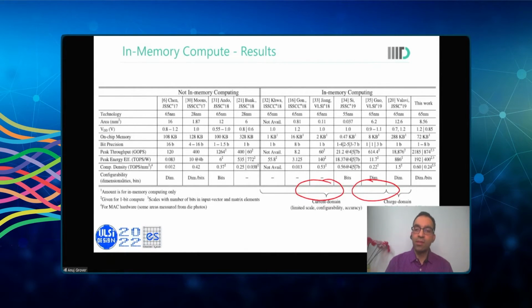And there are comparisons across different domains where we also bring in what kind of configurability or dimensionality your solution offers. So all these decisions that you make about in-memory compute can have a significant impact on the final system. No wonder the jury is still out.